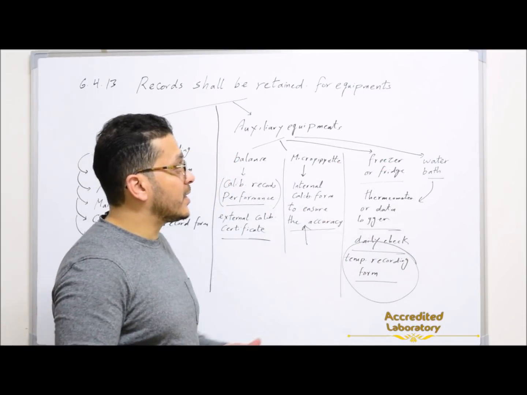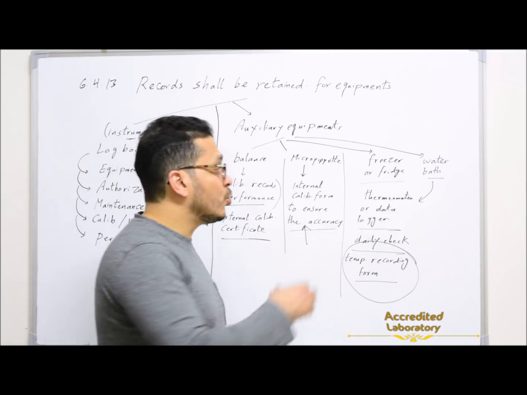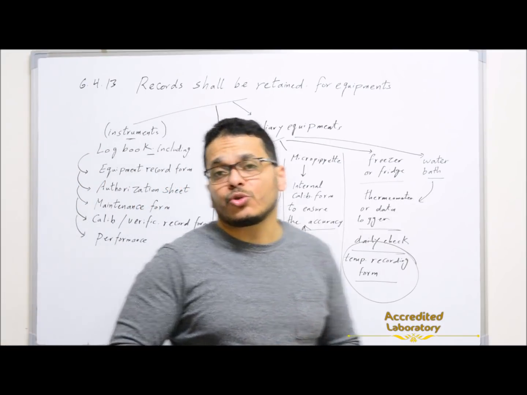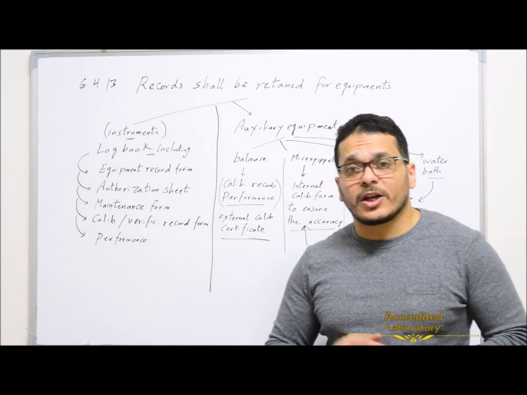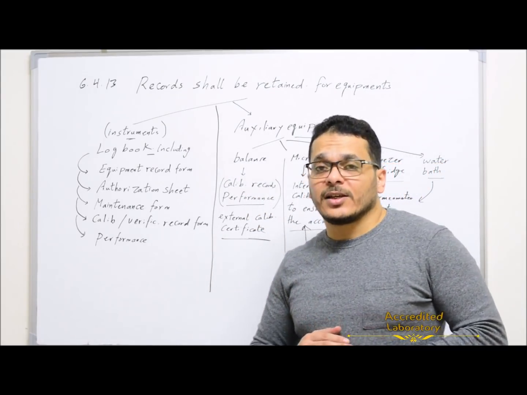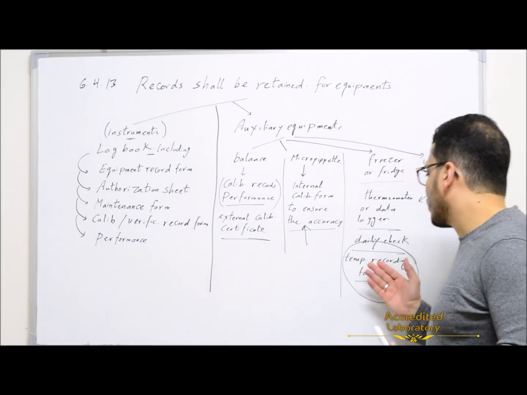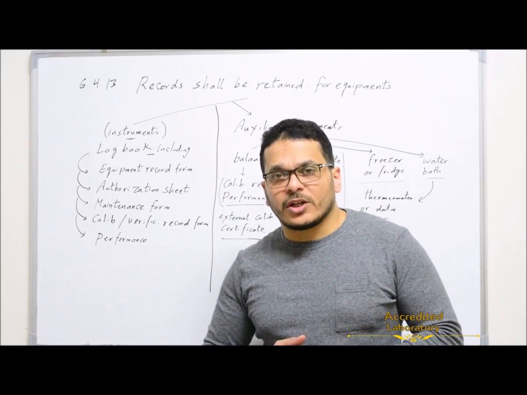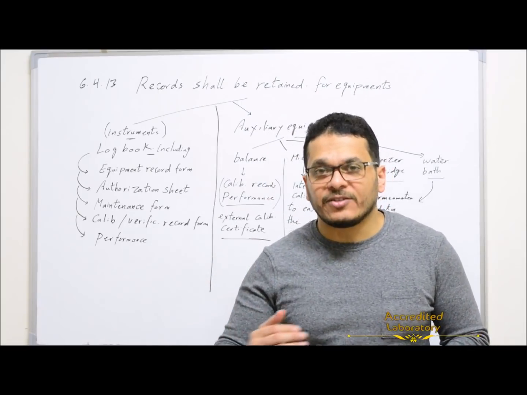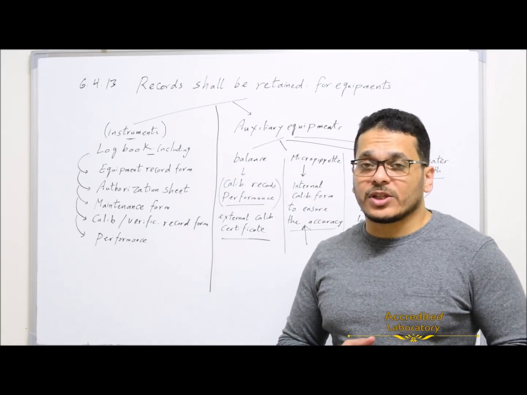A water bath, as another example, also uses a thermometer or data logger to ensure that this equipment is performing well and giving you the right temperature, and you will record that in a temperature recording form. If you have any other auxiliary equipment, you also shall retain all records for this equipment.